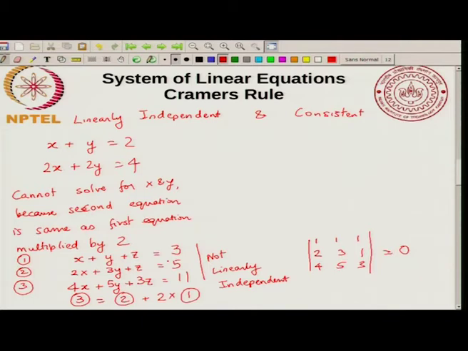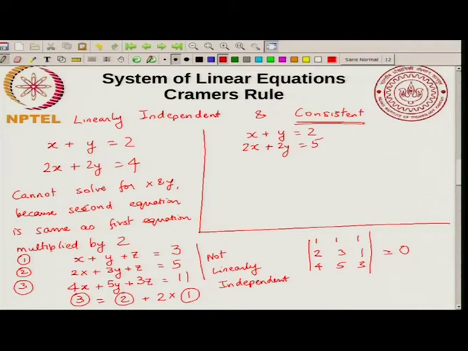Okay. Now, what about the idea of consistency? And I will just do it in this part. So, now suppose you have an equation, let us say x plus y equal to 2, 2x plus 2y equal to 5. You look at them, there are two equations, but you notice that the left hand side of the second equation is twice the left hand side of the first equation, but the right hand side of the second equation is not twice the right hand side of the first equation.